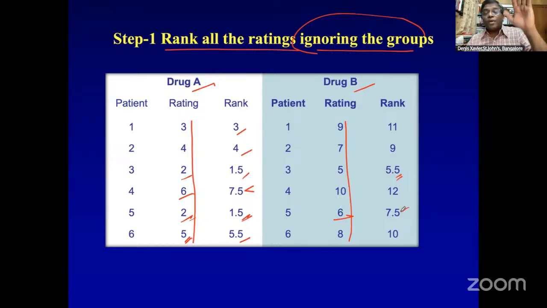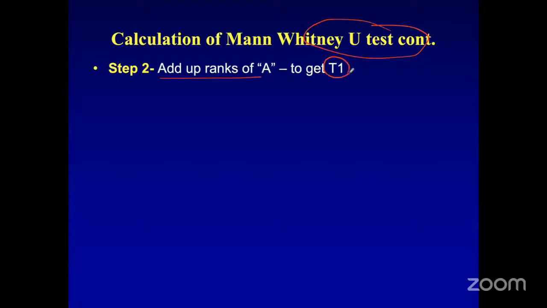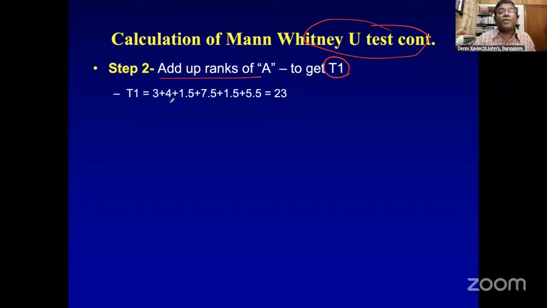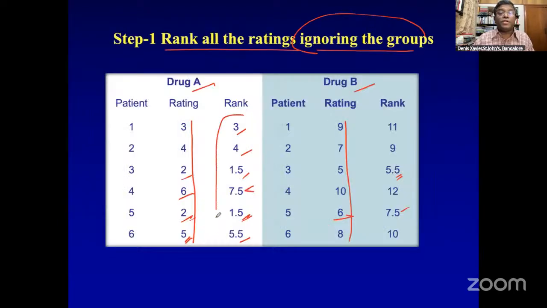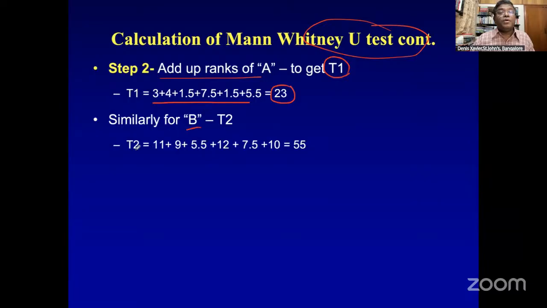So we have now ranked it, ignoring the groups. Now, interesting thing, we are going to total the ranks of A and we get T1. You total all these ranks. If you want to go back for A, if you total all of this, okay, we got 23. And for B, we total all of this and we get 55.